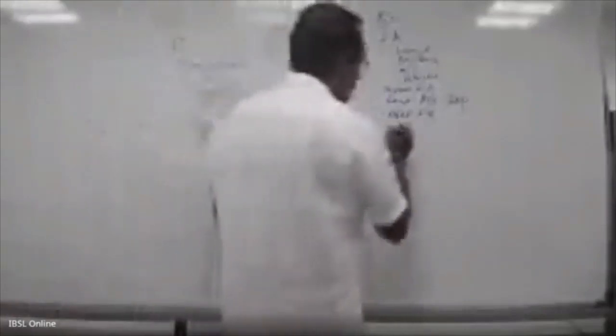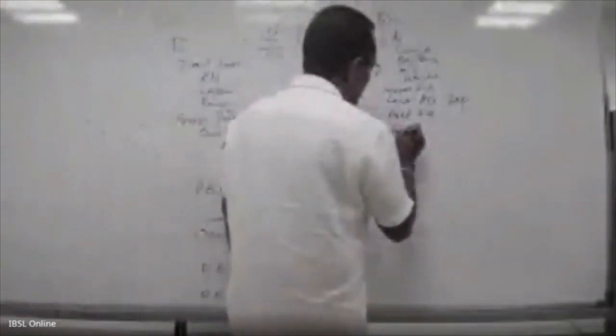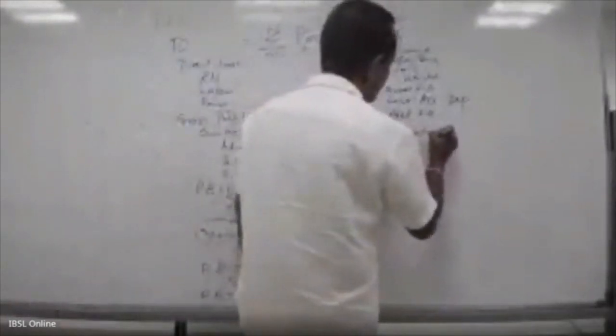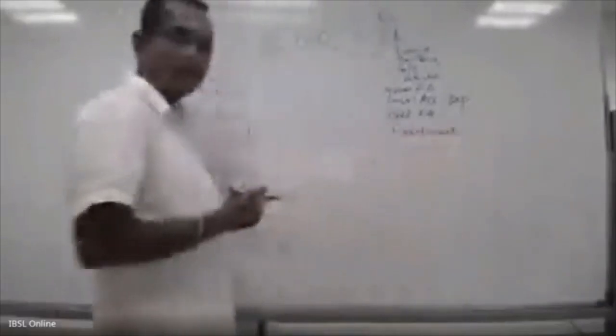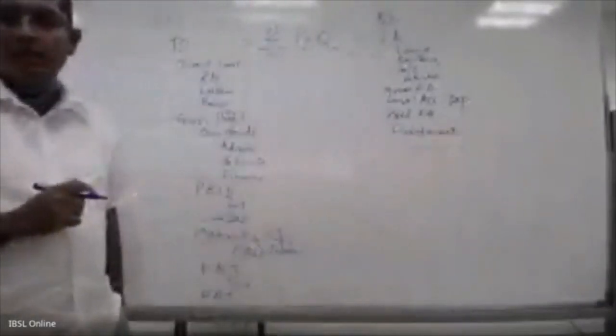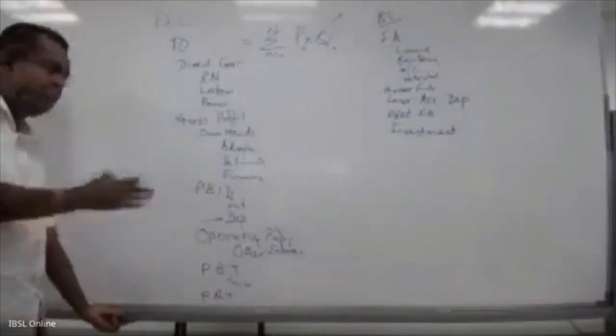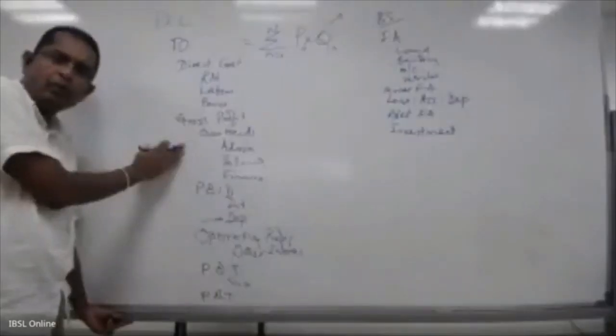Then you have your investment. I'm writing a little smaller. Can you read it and see it? The board is not clear. It's not clear. This is clear. For all others, it is not clear. Now it's like blinking. Now it's clear.